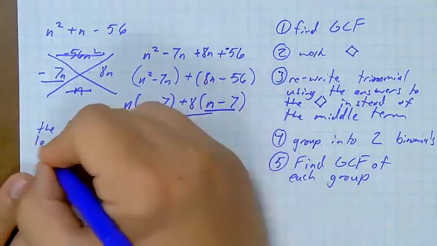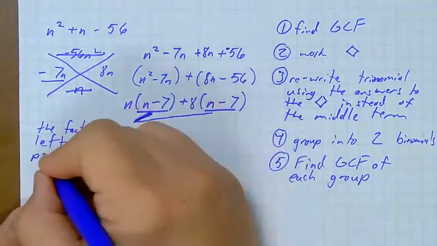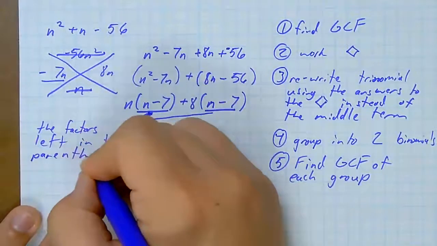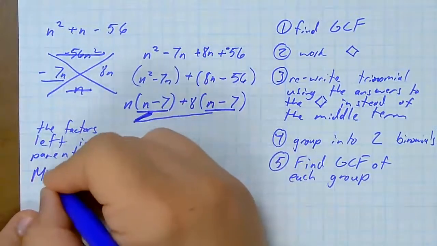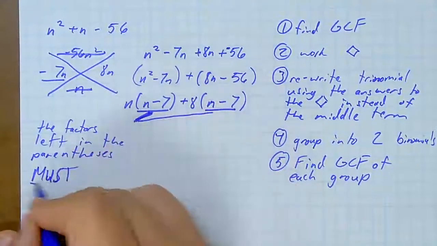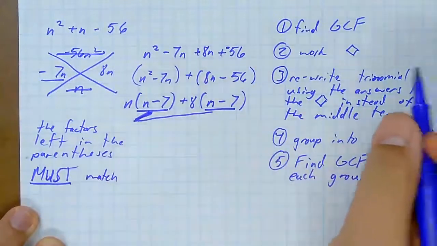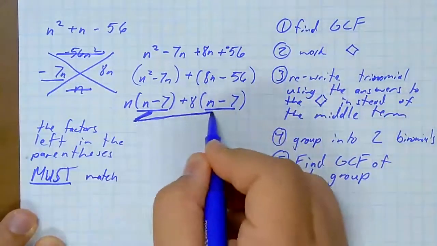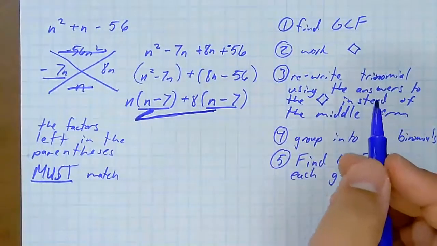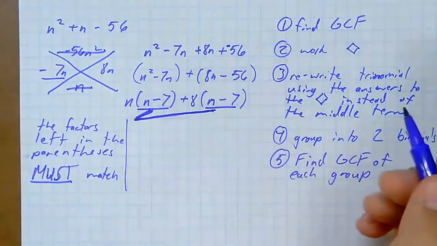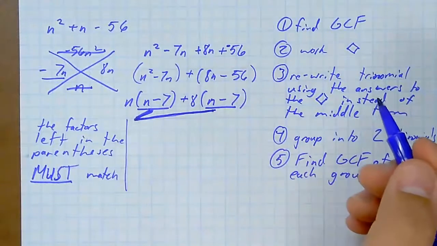The factors left in the parentheses must, I'm going to do all caps and underline, must match. So in this case, that's n minus 7 and n minus 7. They must match.